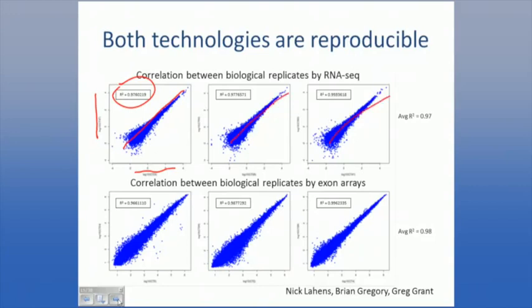There are 2 other cases, and it's nearly identical. Again, extremely reproducible technology. We took the same samples and put them on exon arrays on the Affymetrix platform. And again, with replicate 1 and replicate 2, you can see very good reproducibility, maybe even slightly higher than RNA sequencing, and an average R-squared value of 0.98, although I'd want to do that experiment several more times before I concluded that both technologies are extremely reproducible.